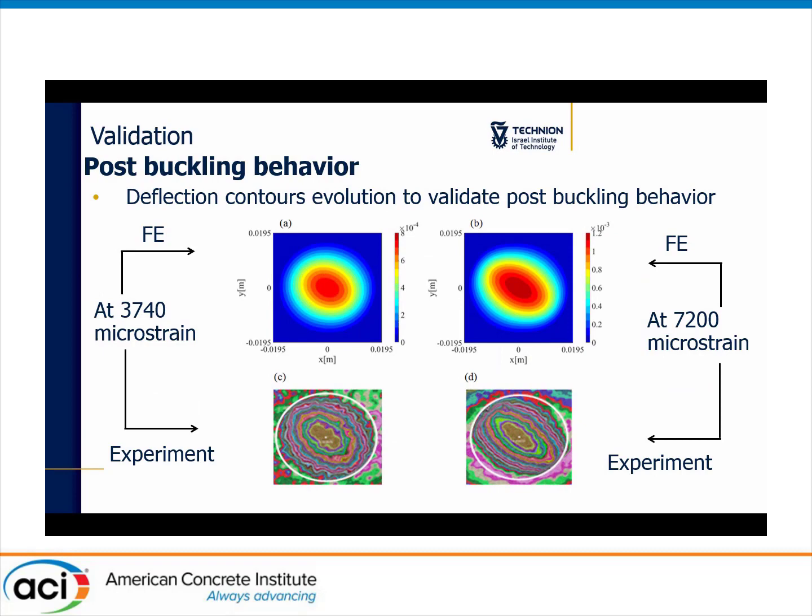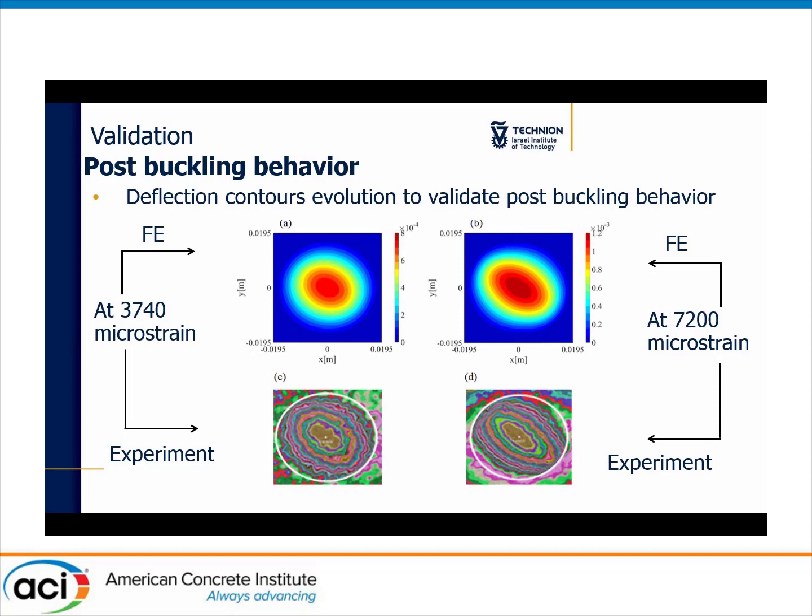The post-buckling behavior was examined by comparing the out-of-plane deflection contours of the model versus the experimentally measured one. At about twice the buckling load, these are the experimental out-of-plane contour maps, and these are the ones computed with our model.